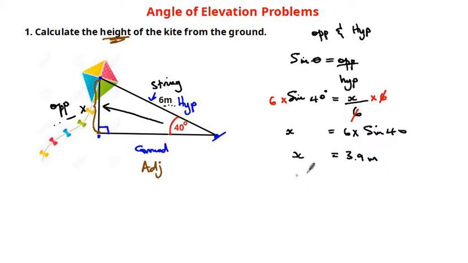Alright, so approximately 4 meters away from the ground. So the height of the kite is basically 3.9 meters from the ground, which is this side over here.